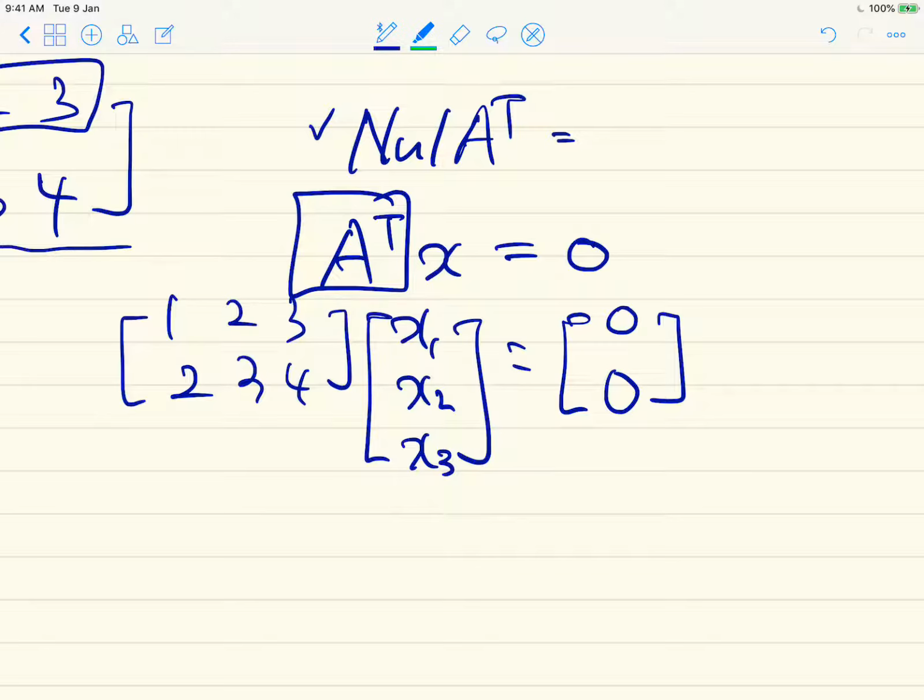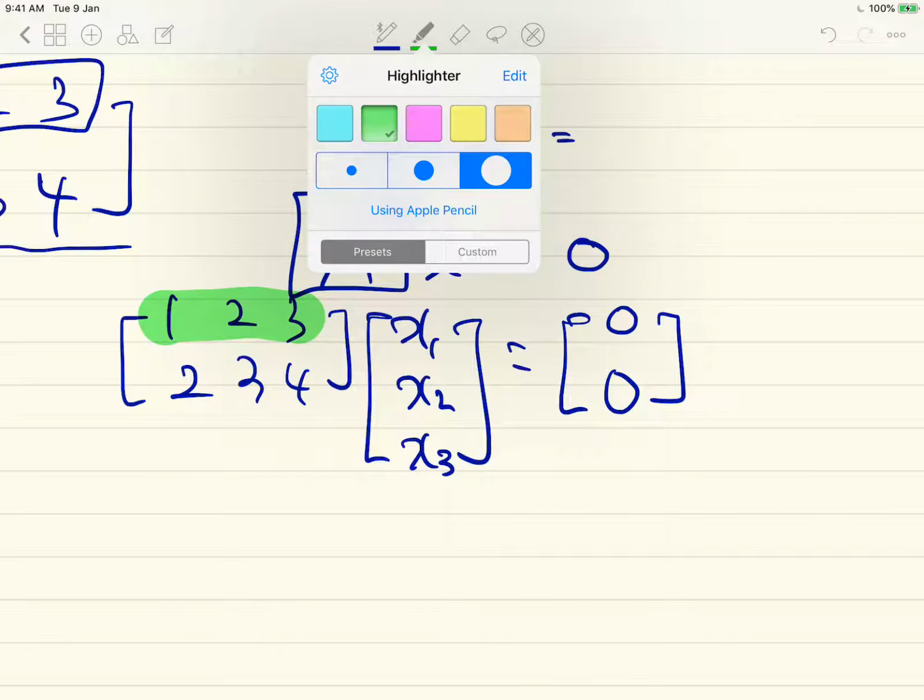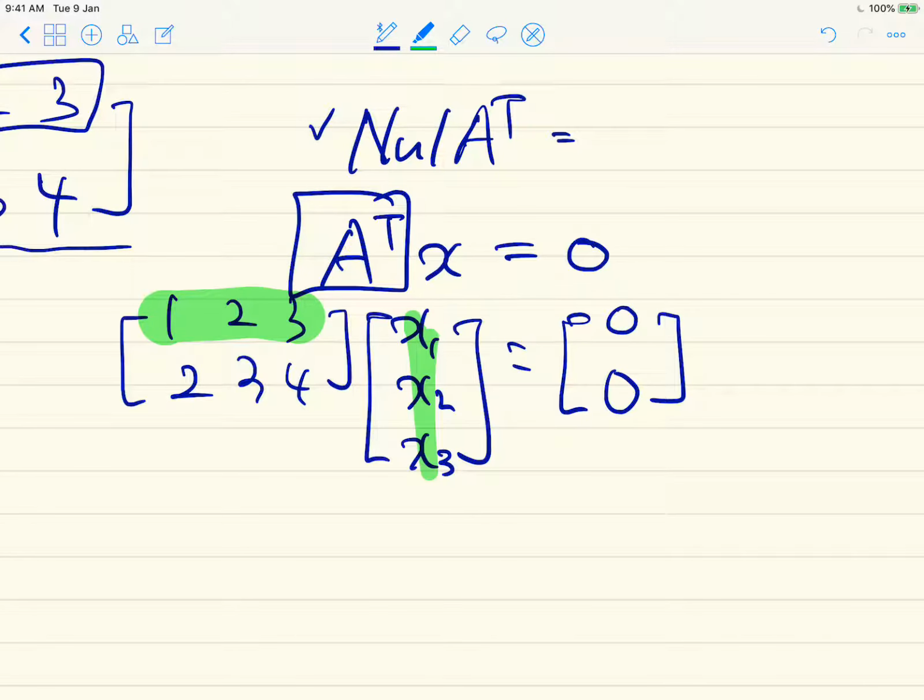Here, let's consider an inner product perspective, because we are studying the inner product. We can think of the inner product between (1, 2, 3) and (x1, x2, x3) being 0. And what does that mean? This vector x1, x2, x3 is perpendicular or orthogonal to (1, 2, 3), right?